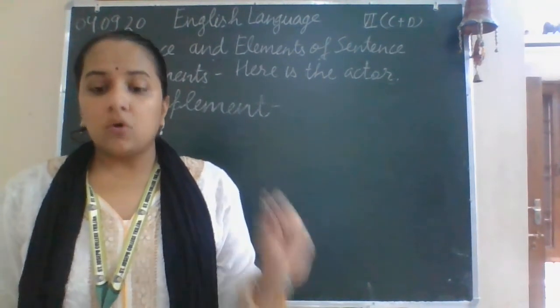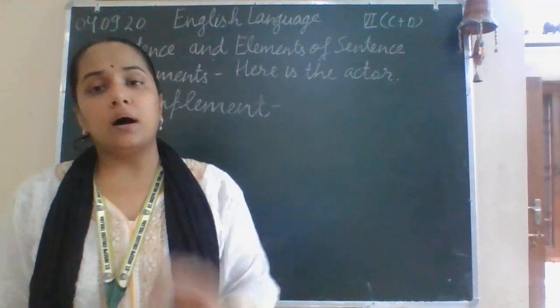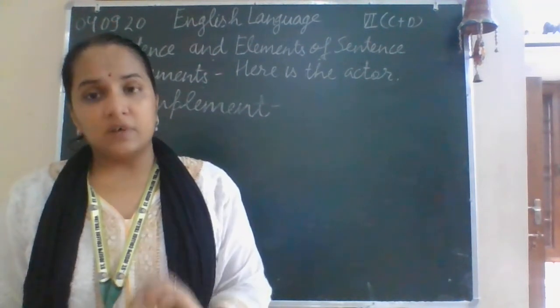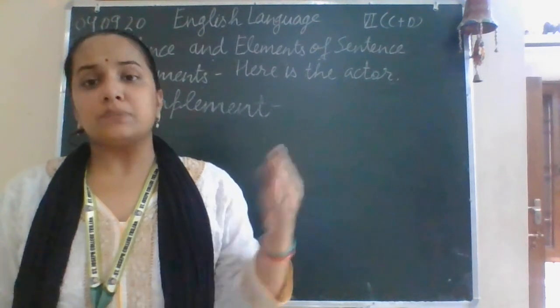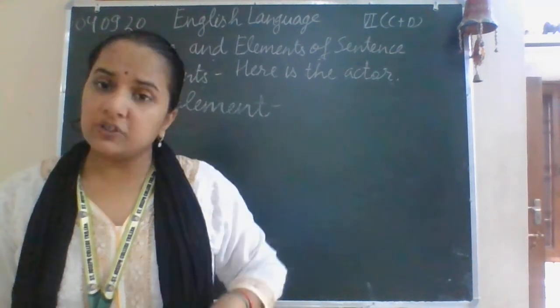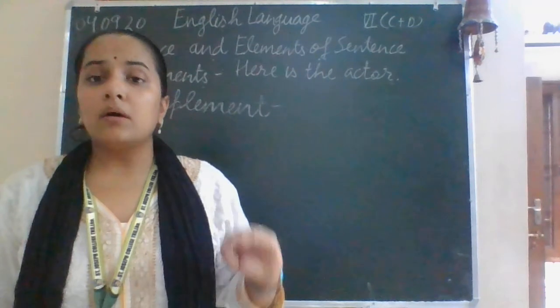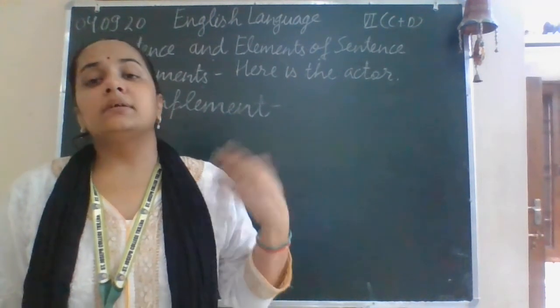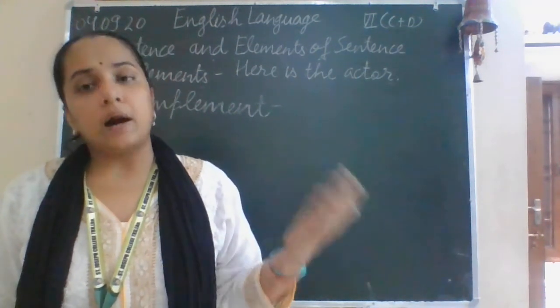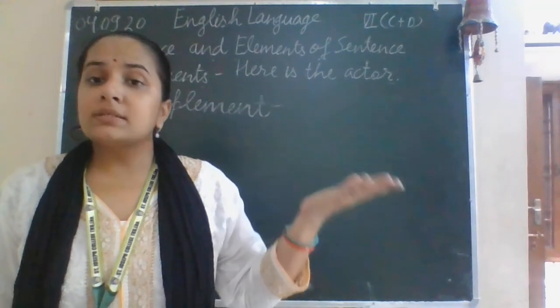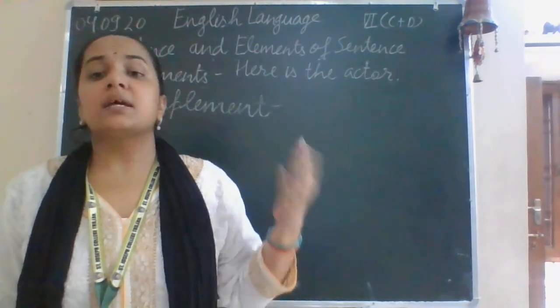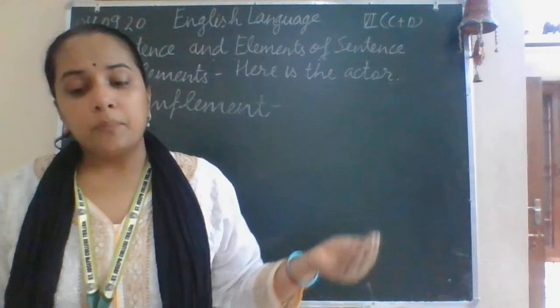It is a word, or it can be a group of words, that comes after the verb and describes something about the subject, or we can say the noun or the pronoun of the sentence.